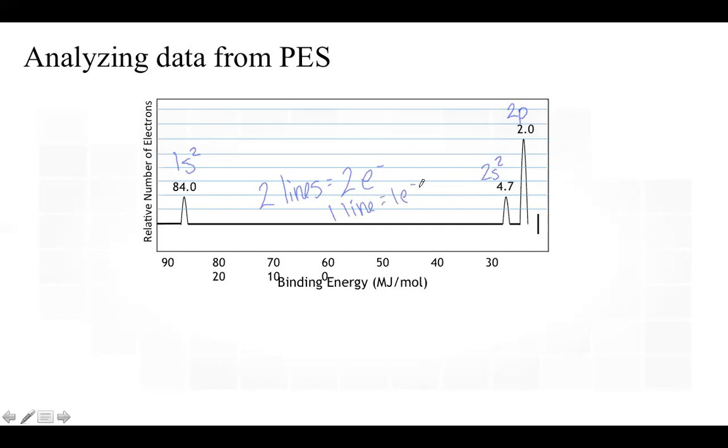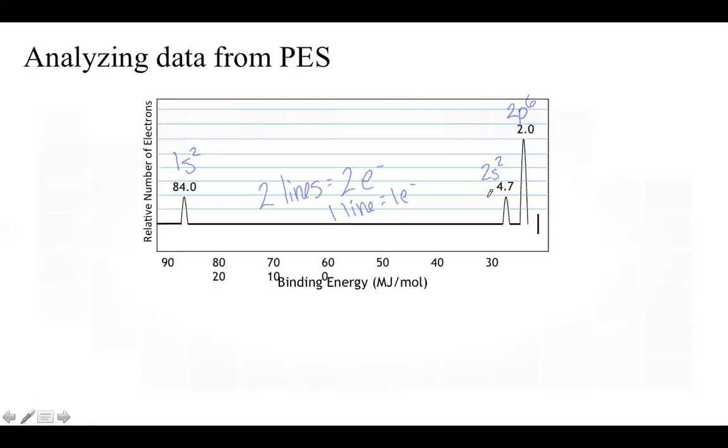If we count the lines that this last peak is tall, we would have 1, 2, 3, 4, 5, 6 lines tall. That means there are 6 electrons in this 2p. So in this case, this 2p is filled, but you would still have to count or compare the height of this final peak to the previous peaks.